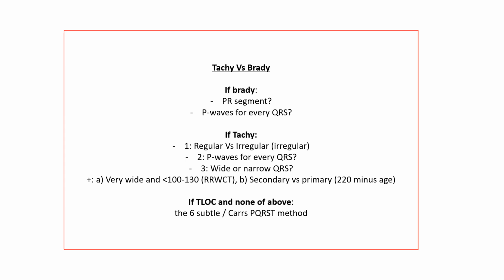Of course, also the context. If they have high fever and so on, then it's more likely to be secondary. But sometimes it's both primary and secondary, like they have sepsis and they are also going at 180 or 200 in atrial fibrillation because of the stress.